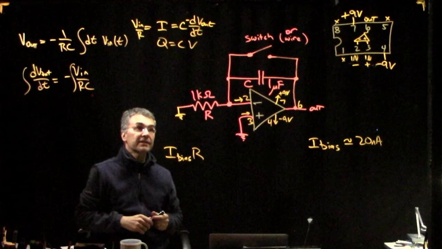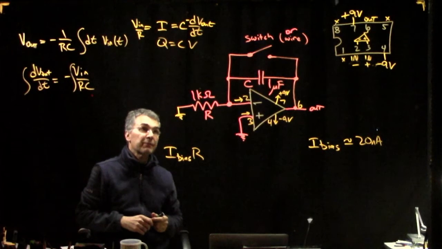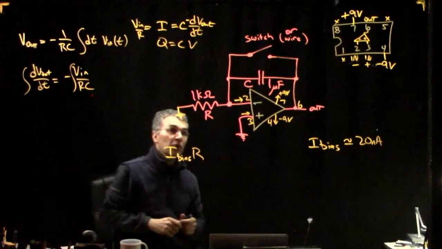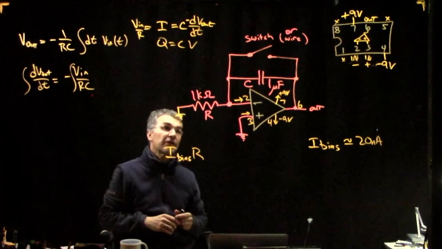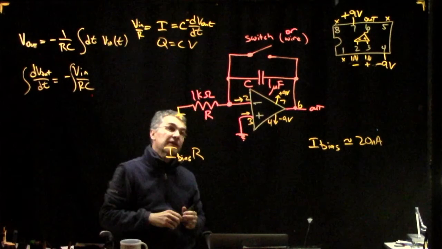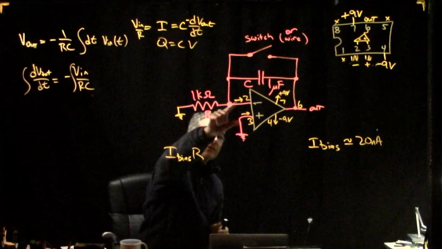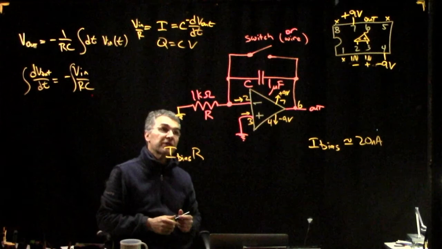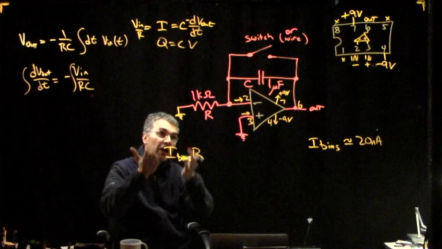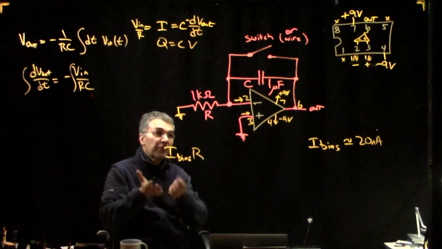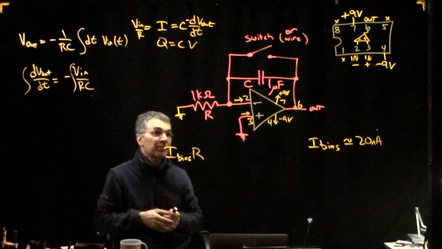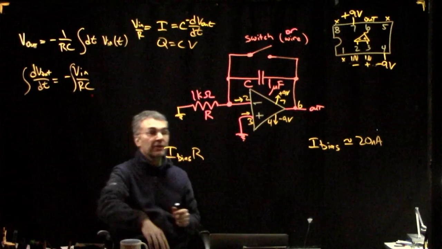And then the other thing that will happen is we have this thing called V offset, which says that feedback tries to make the two inputs equal each other, but the op-amp, due to little imperfections, when it thinks they're equal, they're actually different by some tiny amount that we're calling V offset.